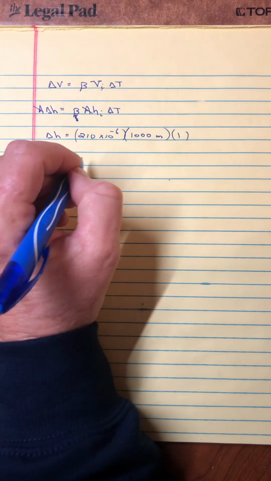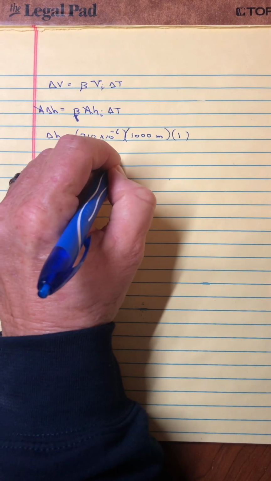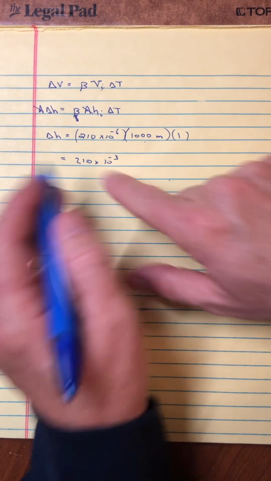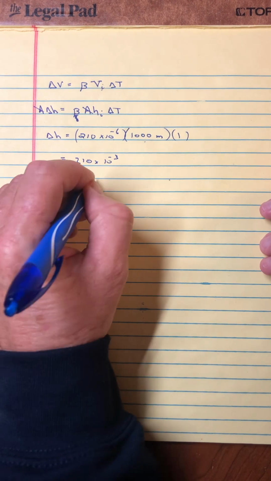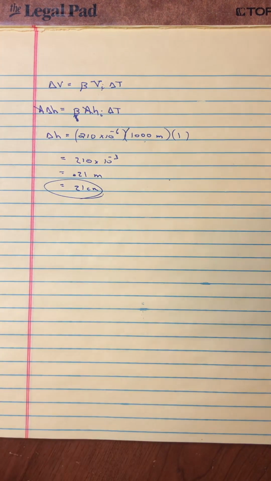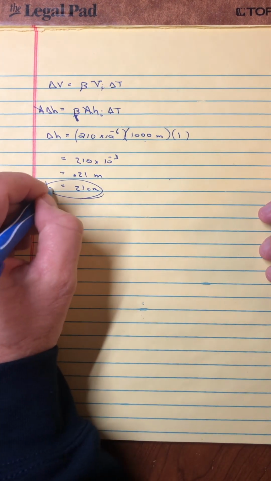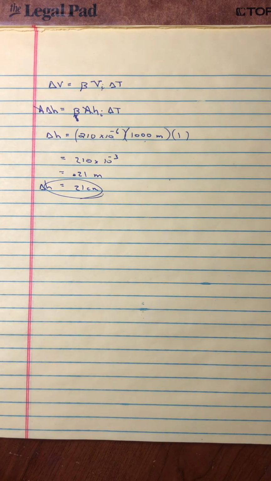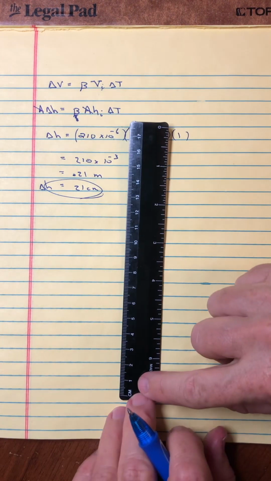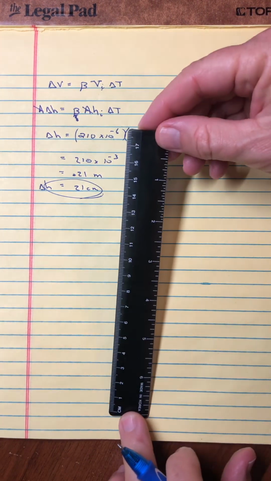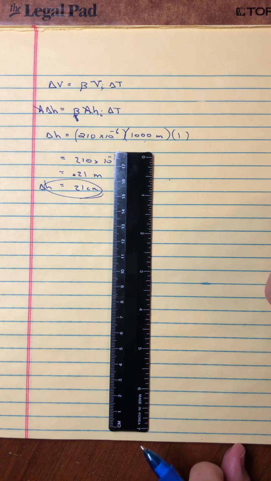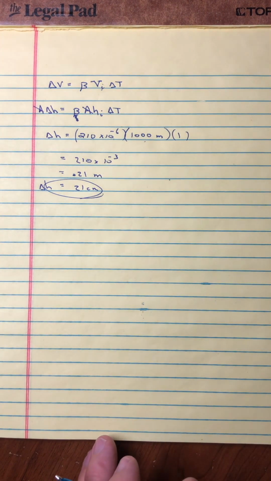And they gave me some nice even numbers that I could then simply put the 1,000 together with 10 to the minus 6, and then I could be left with 10 to the minus 3, which would then give 0.21 meters, or, interesting, 21 centimeters. And that's quite a bit. And that was the whole thing I've been saying since the beginning. Warming up 1 degree Celsius is going to give me about 21, and this little tiny ruler is not quite 21. I thought it was 20, but it's a little bit more than that. And so that's the warming just of 1 degree.